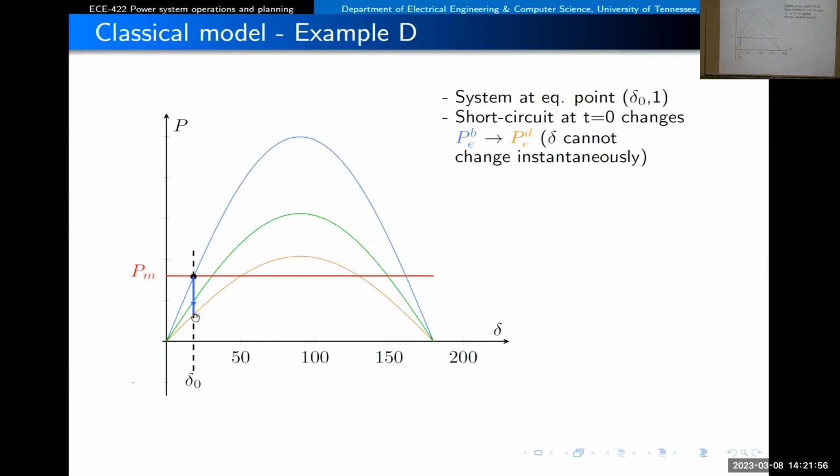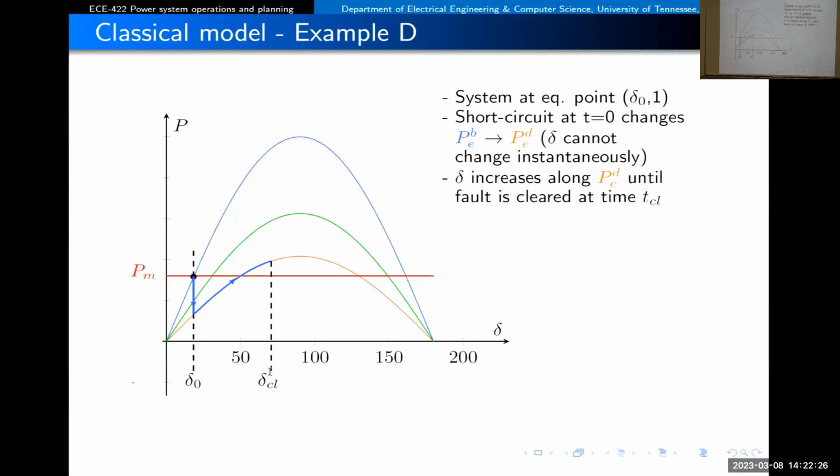And because electrical power now is less than the mechanical power, the machine will accelerate. Angle and speed will start increasing. So the angle will move along the curve of PEV, the electrical power during the short circuit. At some point, we will clear this fault because the protection scheme will respond, will open the breakers on the extremes of the line, and the fault will be removed.